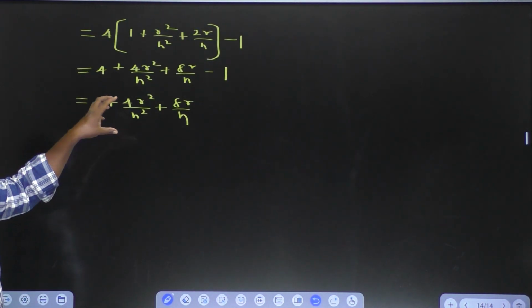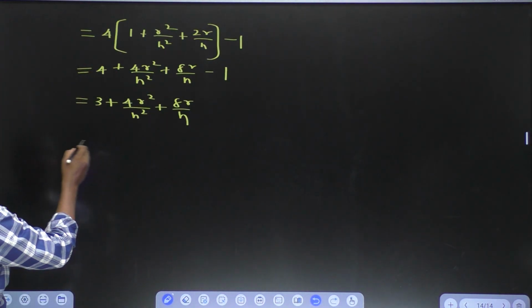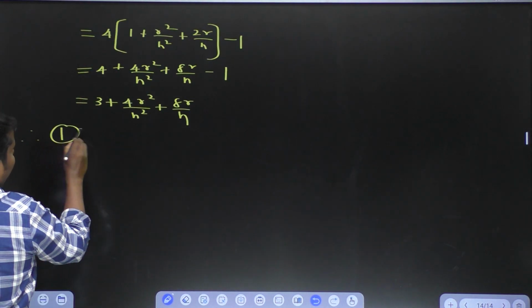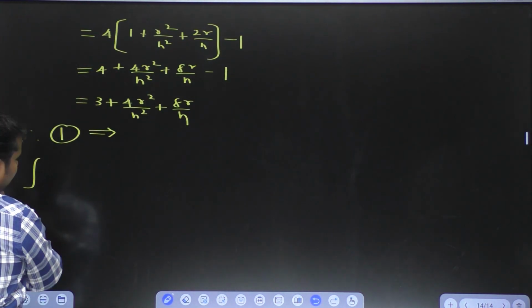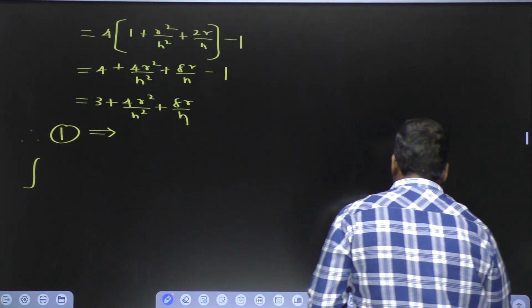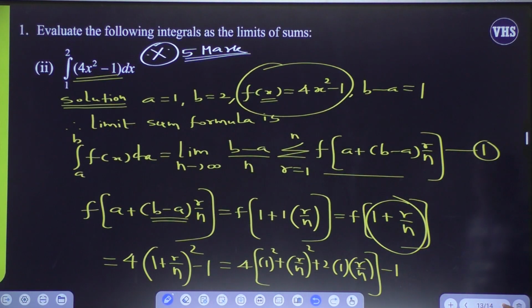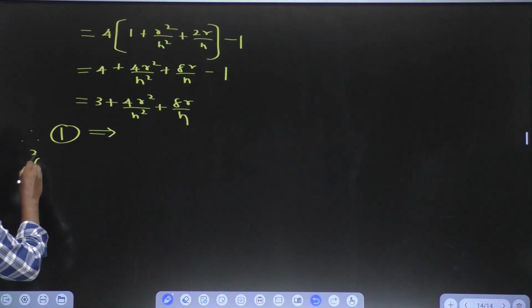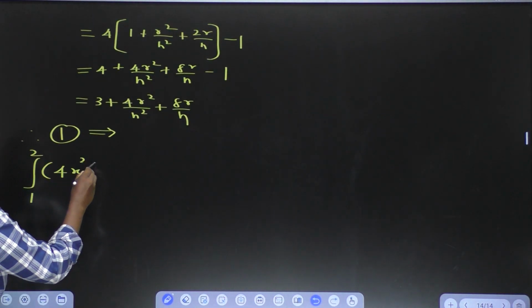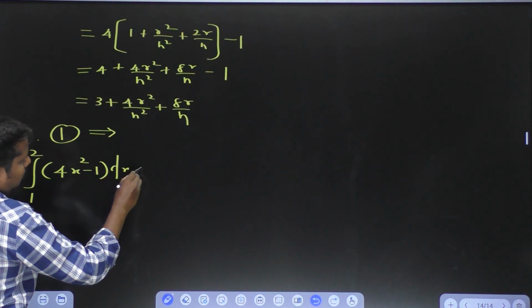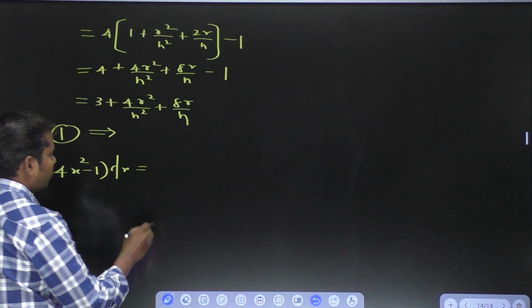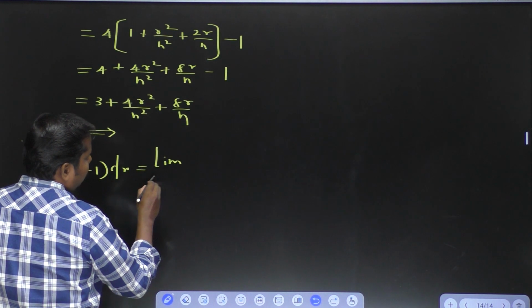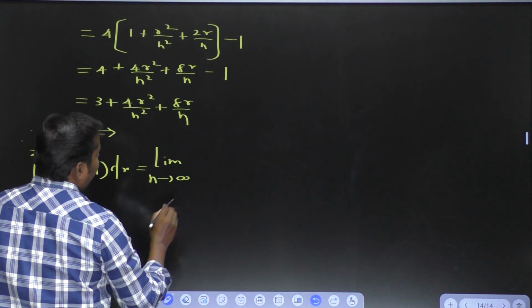Now let us put this answer in equation number 1. Therefore, equation number 1 implies that integral, what is our problem? Integral 1 to 2 of 4x squared minus 1 into dx equals limit n tending to infinity, b minus a.